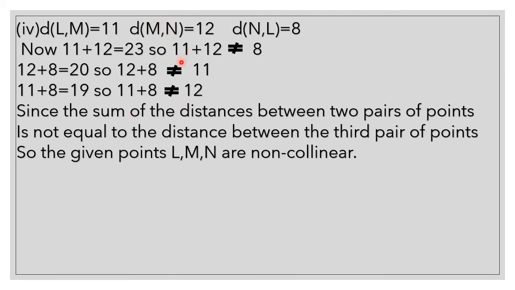Hence, from all these three cases, we came to know that in no case is the sum of two distances equal to the given third distance. Hence, definitely the points L, M, N are not collinear points, or you can say these points L, M, N are non-collinear points.